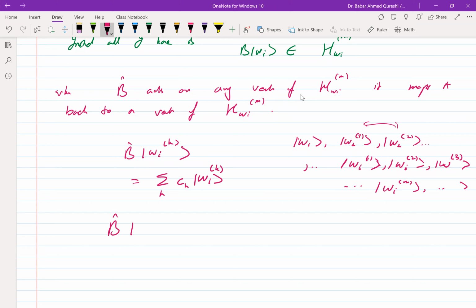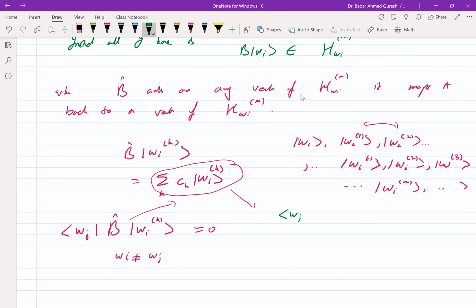But still, when I make this matrix element where i is not equal to j, with two distinct eigenvalues, from two distinct eigensubspaces, this would still be 0, because their scalar product is 0. For distinct eigenvalues of the operator A, their eigenvectors are orthogonal.